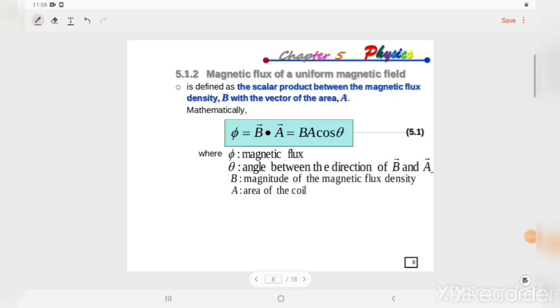Magnetic flux of a uniform magnetic field. So what is meant by magnetic flux? Magnetic flux is the scalar product between the magnetic flux density B and the vector of area A, or mathematically phi equals B dot A, and since it is a dot product, the equation is also BA cos theta, where phi is the magnetic flux, theta is the angle between the direction of B and A, B is the magnitude of the magnetic flux density, and A is the area of the coil.